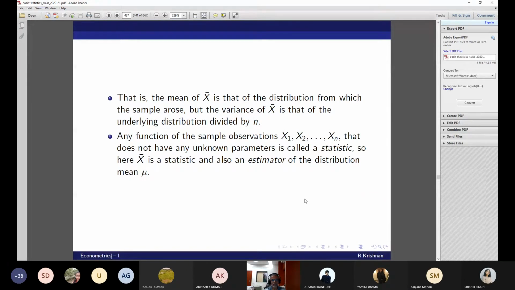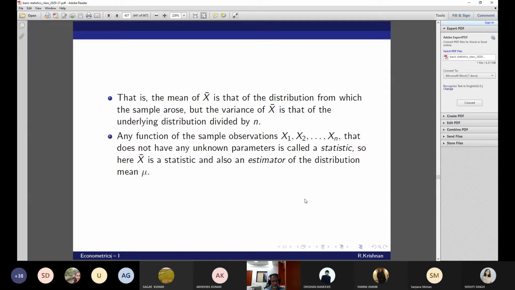Any function of the sample observations x1, x2, ..., xn that does not have any unknown parameter is called a statistic. What is called a statistic? This is the definition of a statistic. Any function of the sample observations that does not have any unknown parameters is called a statistic. So a statistic must be defined completely in terms of observed values and known variables. For example, the least squares estimator beta hat is nothing but (X transpose X) inverse X transpose y.